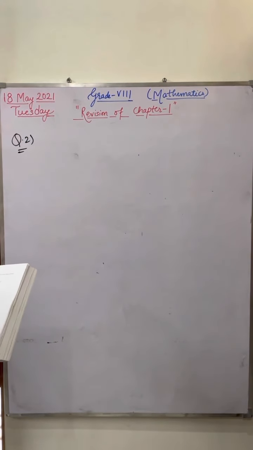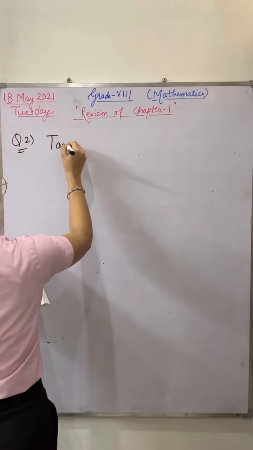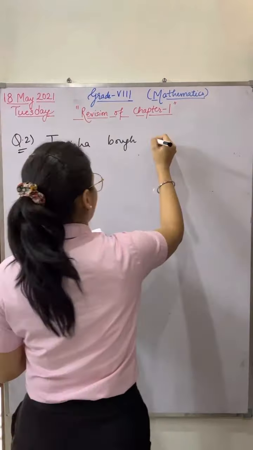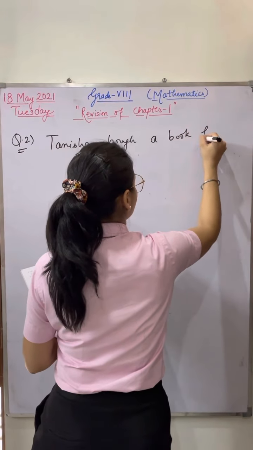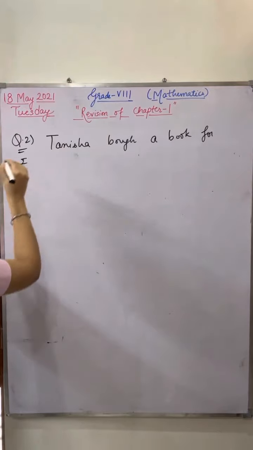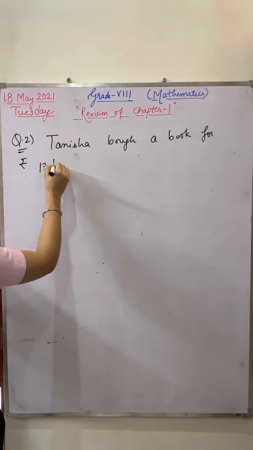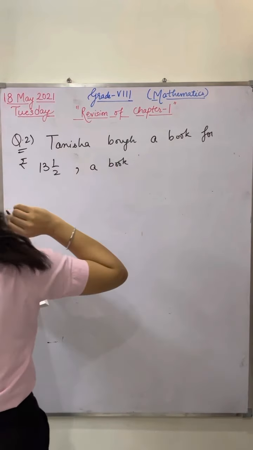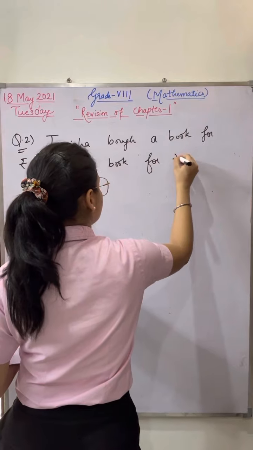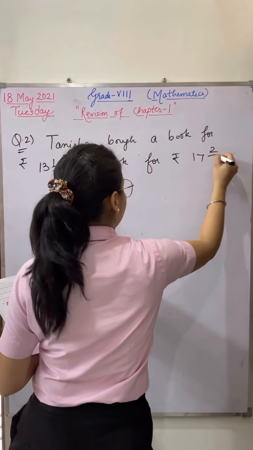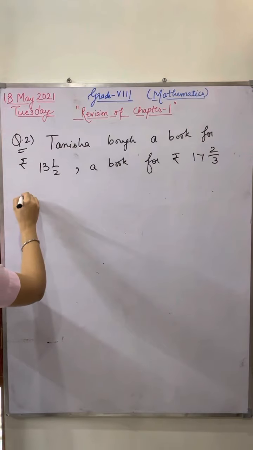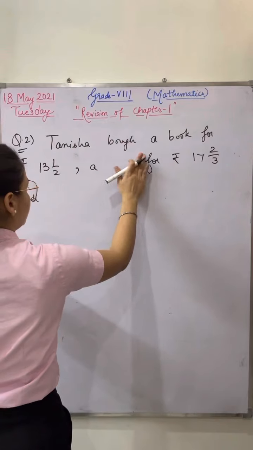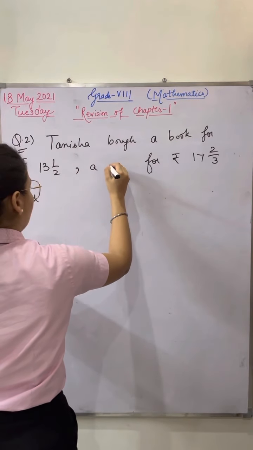Question is, Tanisha bought a book for rupees 13 1 by 2, a book for rupees 17 2 by 3, and here she bought a book and then she bought, don't write book here, write here notebook.